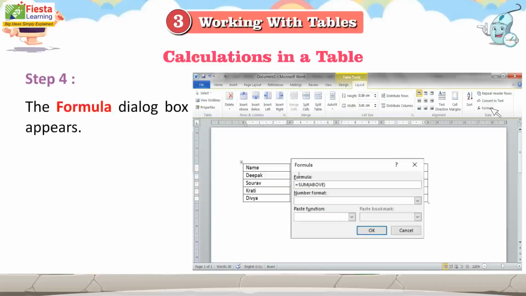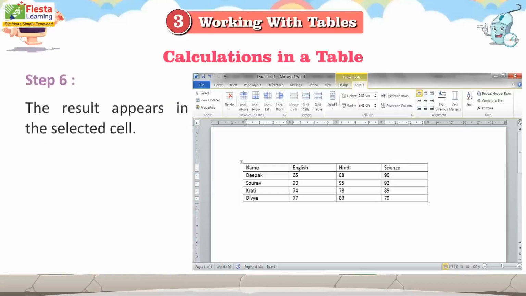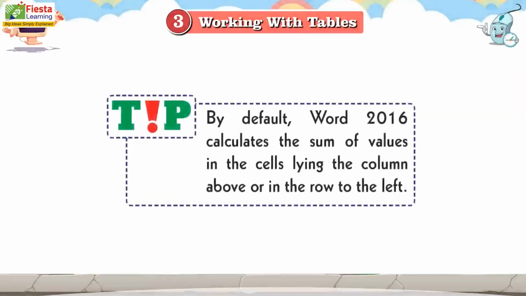The Formula dialog box appears. Step 5. Note that the sum formula is already displayed. Click OK. Step 6. The result appears in the selected cell. Tip: by default, Word 2016 calculates the sum of values in the cells lying in the column above or in the row to the left.